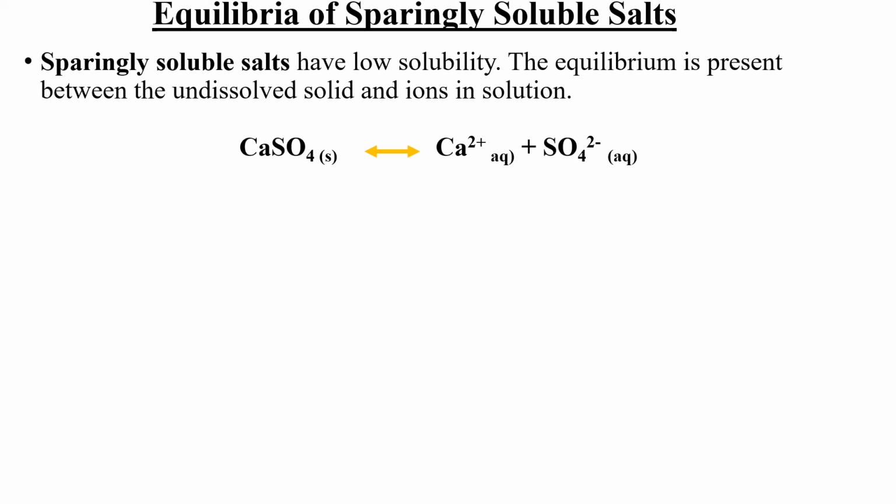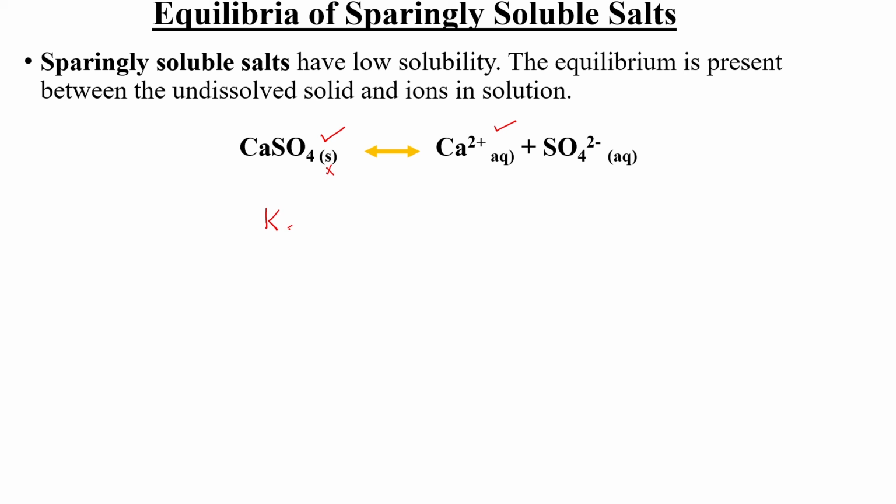Sparingly soluble salts have low solubility, and the equilibrium is present between undissolved solid and ions in the solution. And when we are writing the K equilibrium expression, remember that we will be ignoring pure solid, right? I'm not going to write down this.